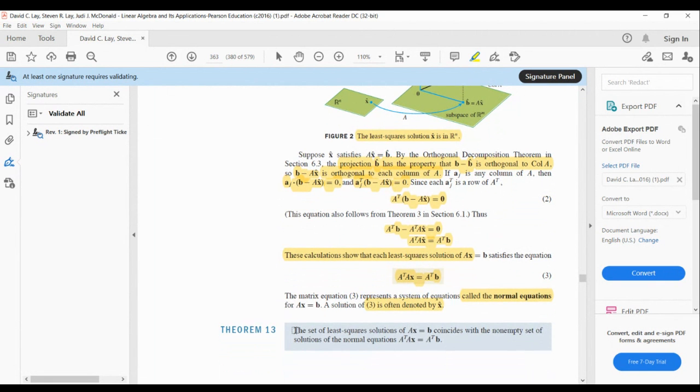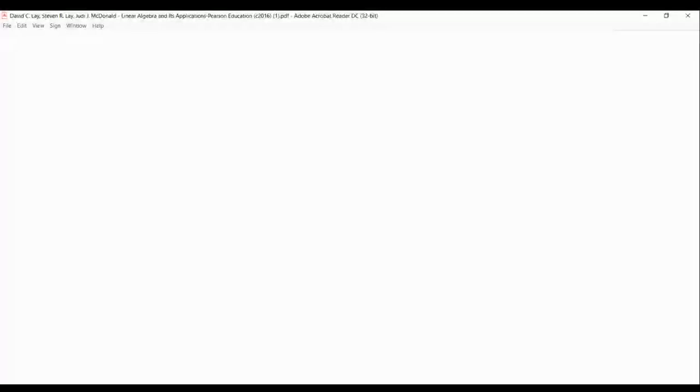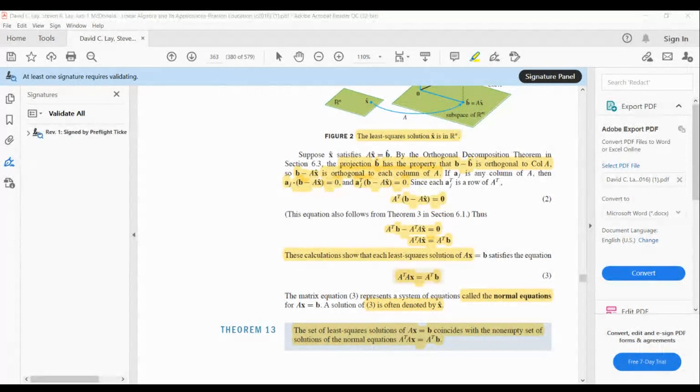So this then proves theorem 13: the set of least squares solutions of AX equals B coincides with the set of solutions to those normal equations.